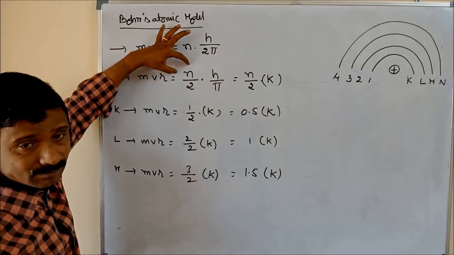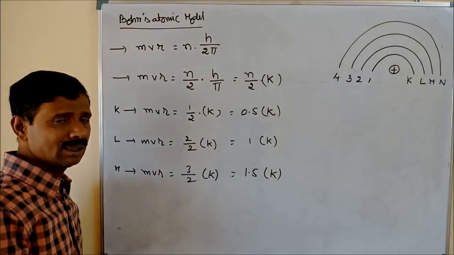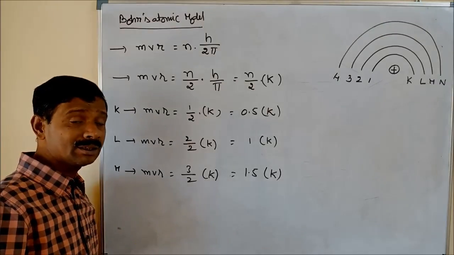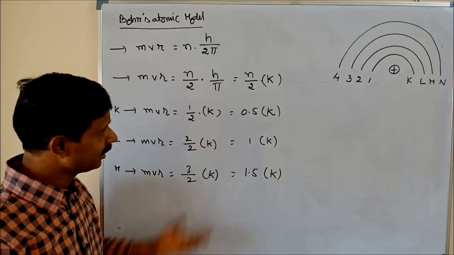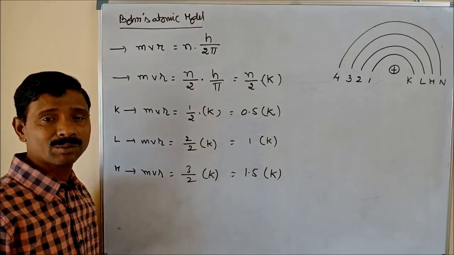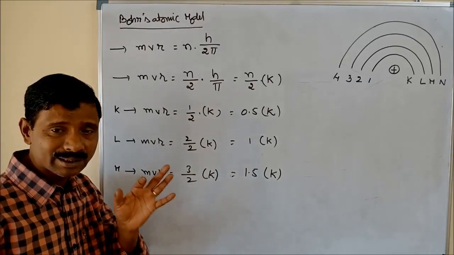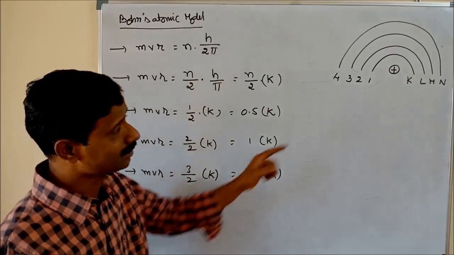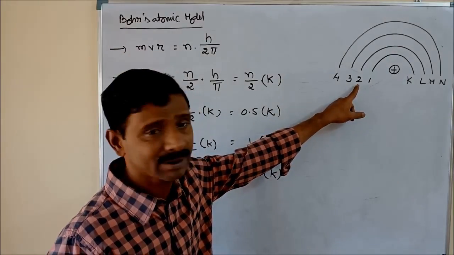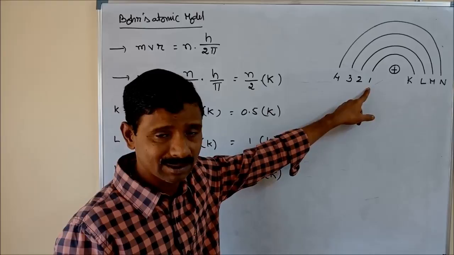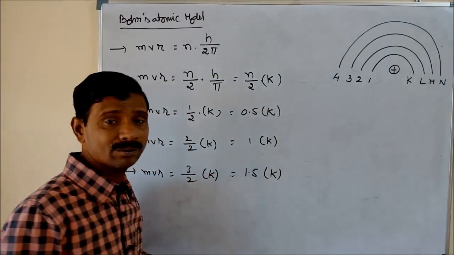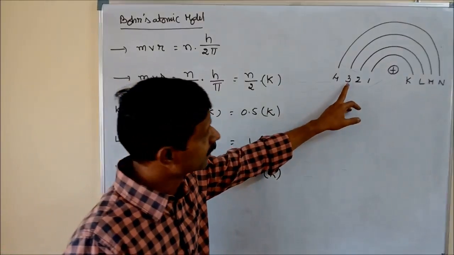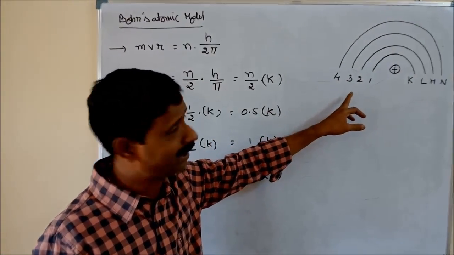In first orbit 0.5 k, in second orbit 1 k, in third orbit 1.5 k. So the difference in angular momentum of the electron between any two successive orbits will be nothing but 0.5. You have to remember this statement. Suppose you observe the angular momentum in the second orbit and in the first orbit, the difference in those angular momentums will be equal to 0.5. Or third and second, the difference is 0.5.